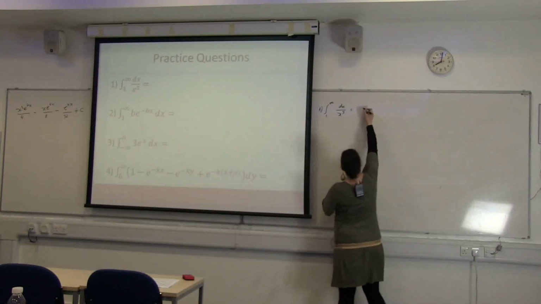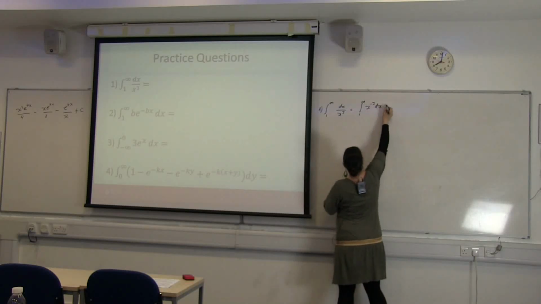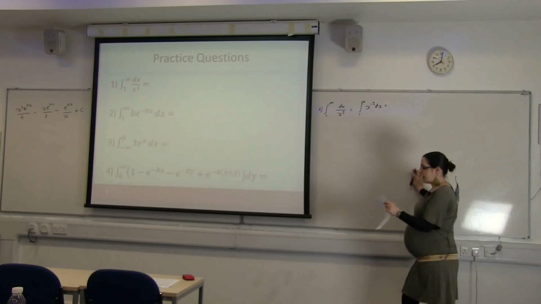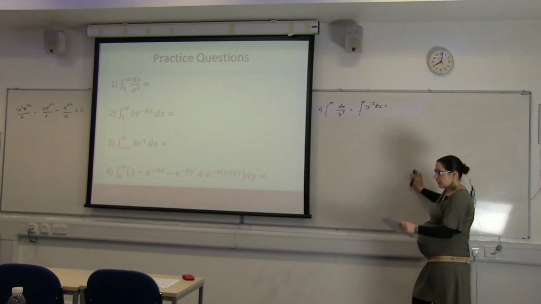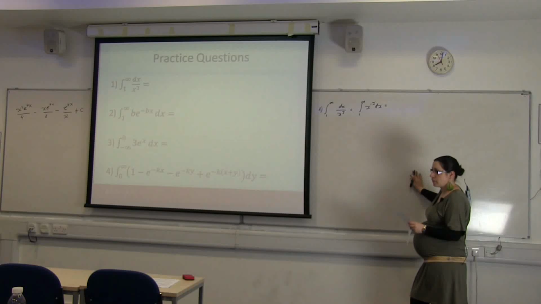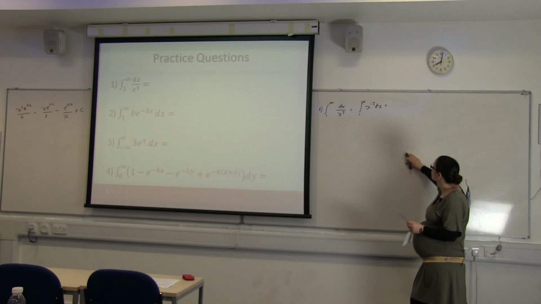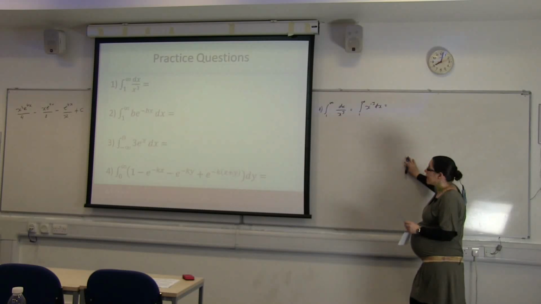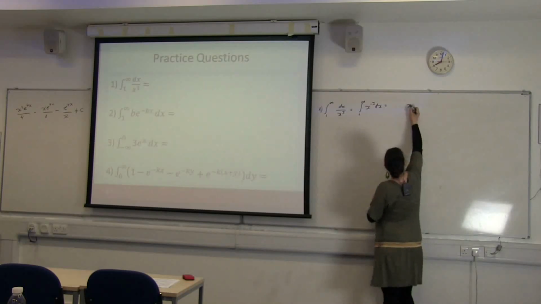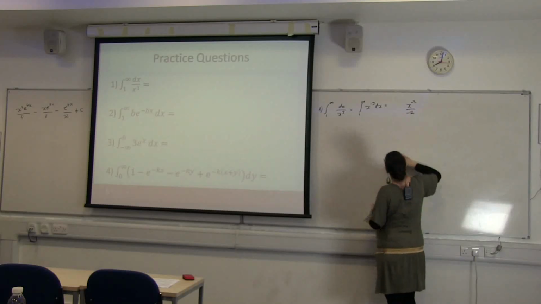So that's basically nothing else but the integral from 1 to infinity of x to the minus 3 dx. Now, what does it mean to me then? What is the antiderivative of x to the minus 3? x to the minus 2. So I've got x to the minus 2 over minus 2.